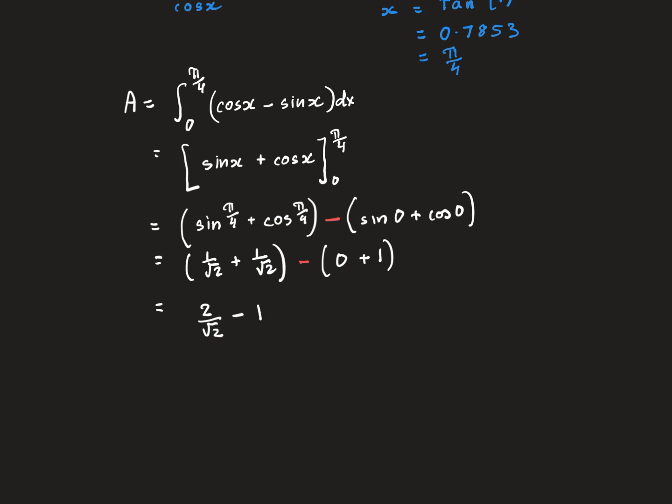Sometimes you'll see that this is written as root 2 take away 1. And the reason for that is because if I look at 2 over root 2, I can change that into 2 root 2 on root 2, the same thing, because root 2 times root 2 is 2. Cancelling these two out, I'm left with root 2, which is how I got root 2 over here, and that is the answer.